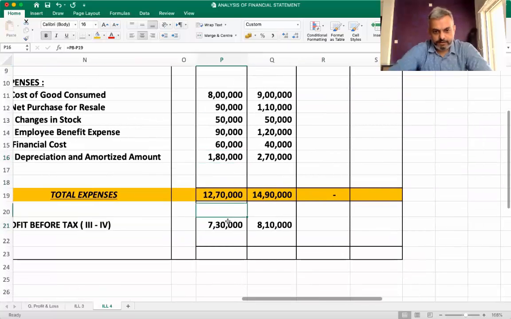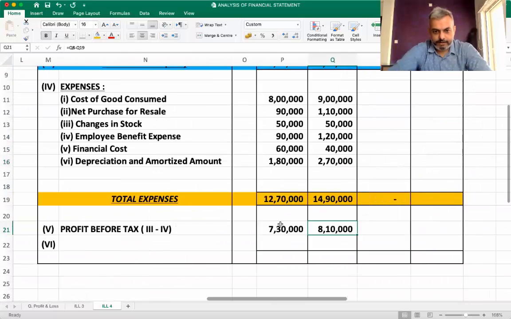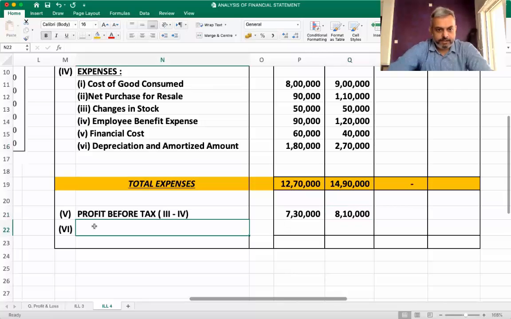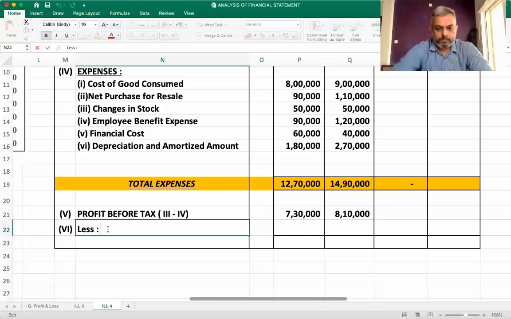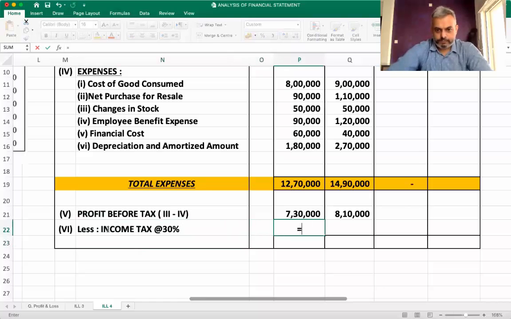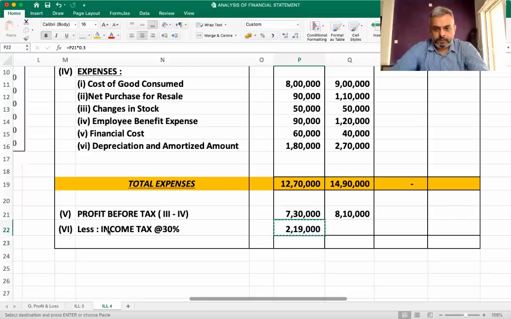It's 7 lakh 30 and 8 lakh 10 before tax. Now taxation, so less income tax at the rate of 30%: 2 lakh 19 and 2 lakh 43,000.